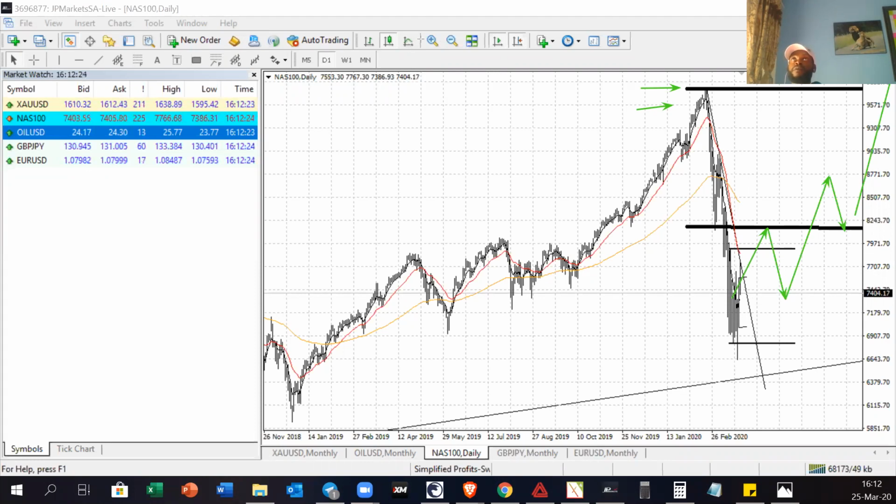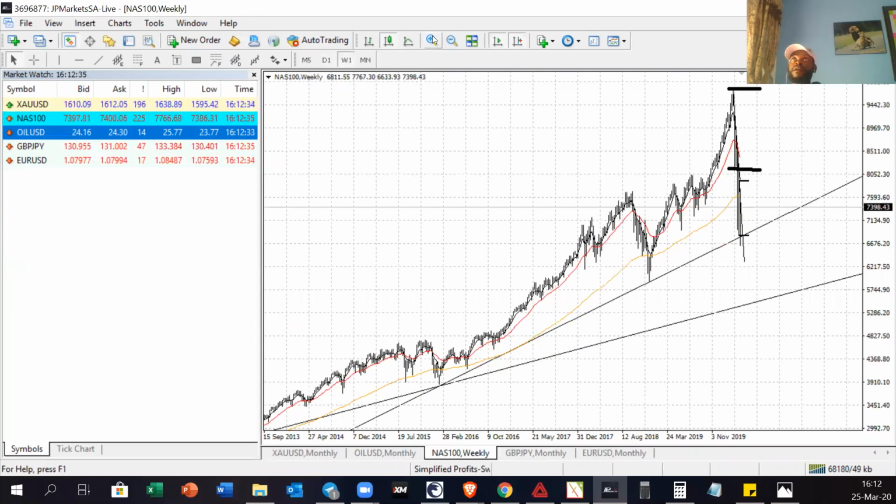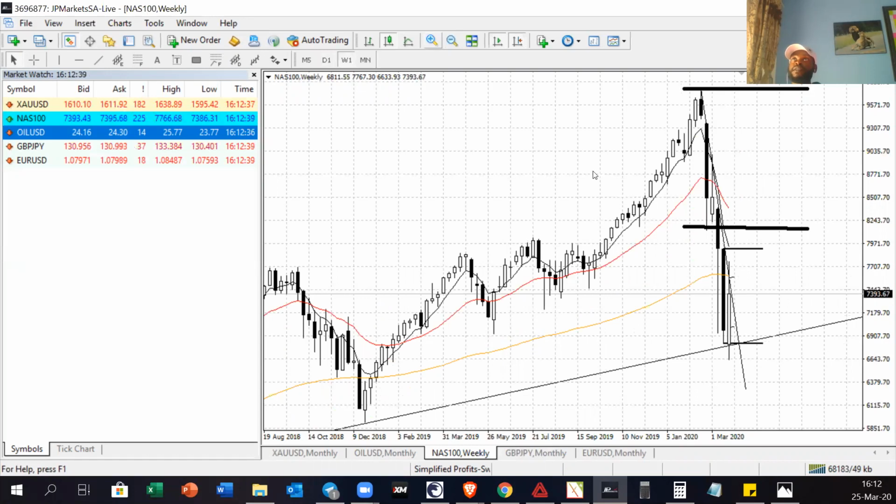However, we are at significant and respectable levels on this thing for bulls, and definitely want to keep watch.